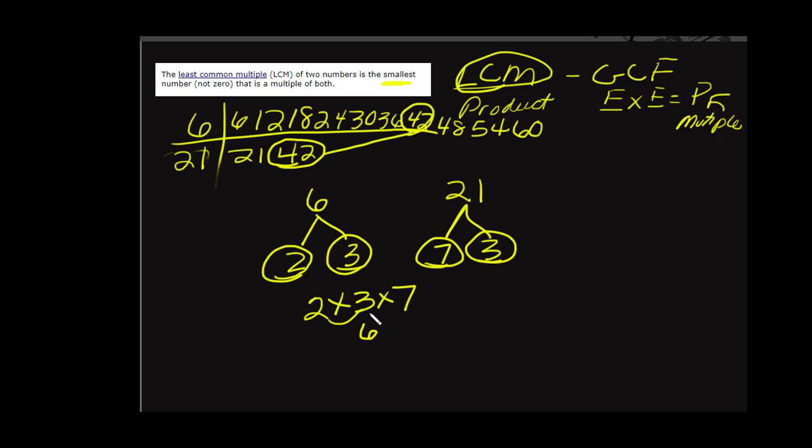Now we're going to multiply 6 times 7. And 6 times 7 is 42. So the LCM again, another way to do it is using prime factorization, and we got the same answer, 42.